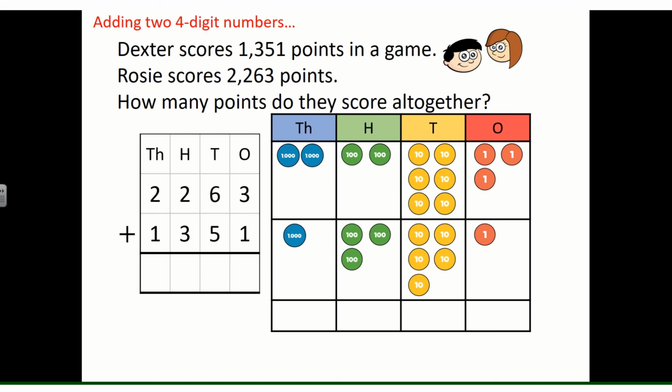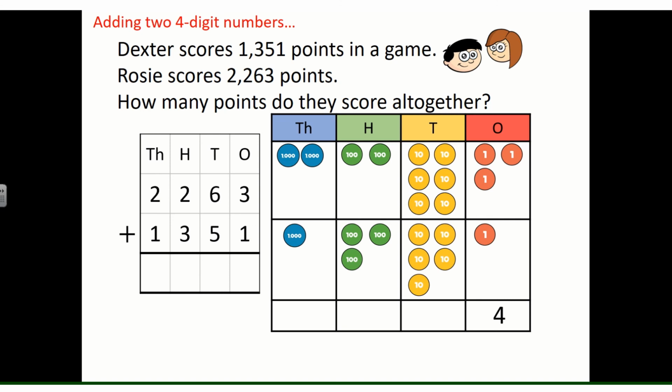1,351. Like previously, we start with the ones column and we total the ones. 3 ones and 1 one gives us a total of 4 ones. We then move to the tens column. 6 tens plus 5 tens is 11 tens, 110.